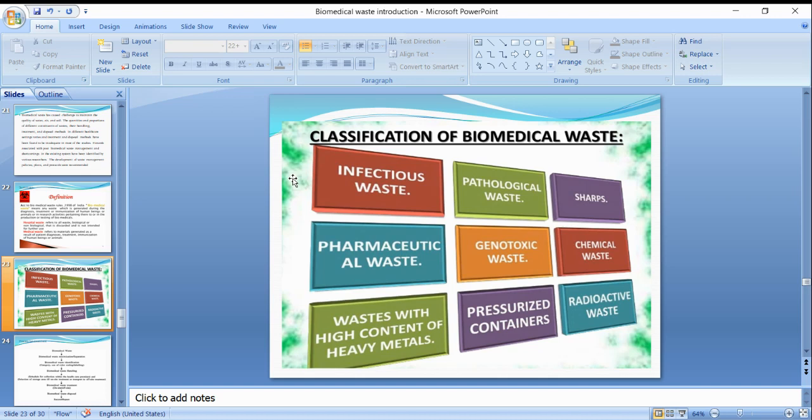Infectious materials are those which are infectious, pathological, or bacteria producing. Sharps are nothing but needles, syringes, and seizures, all those. Pharmaceutical waste, you can say, is the medicines.